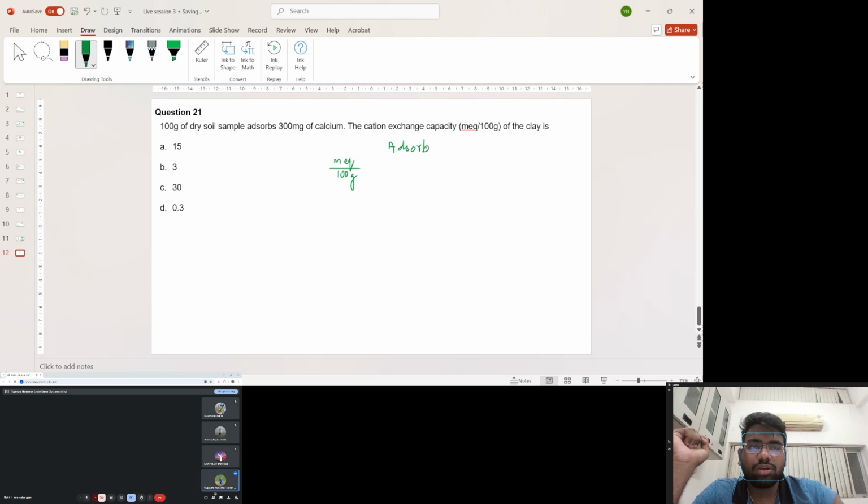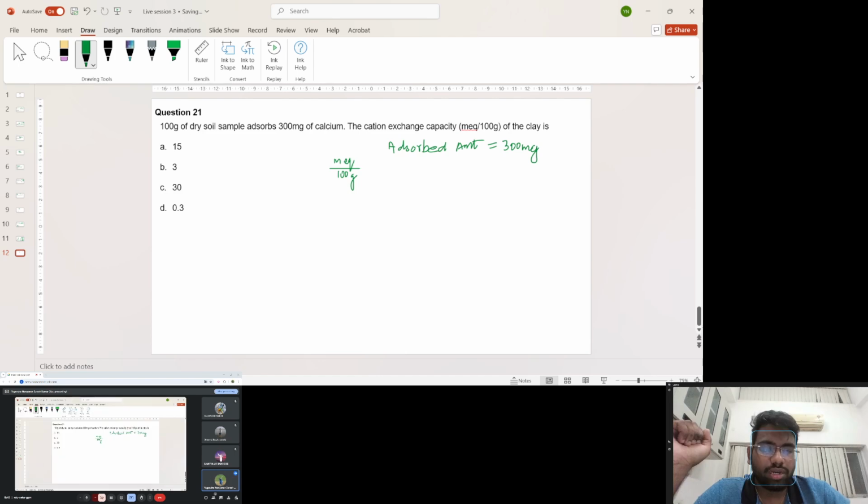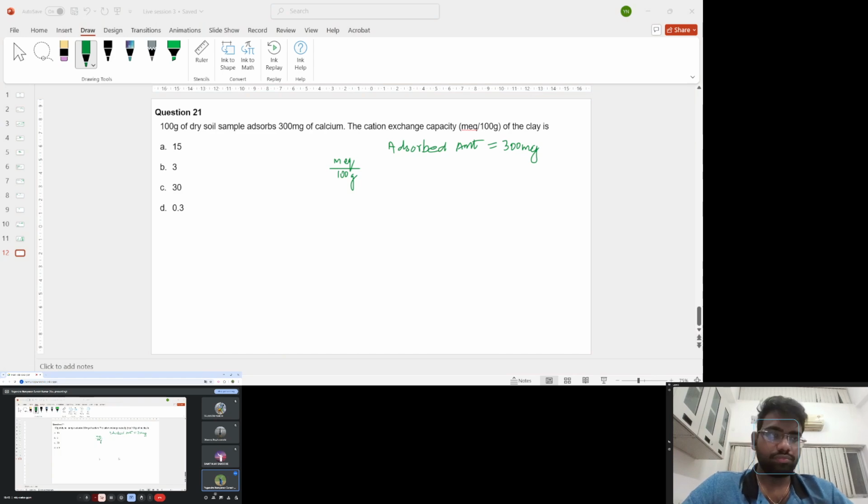How much is the adsorbed amount? This 300 milligrams, right? Now how will you represent the calcium ion? What is the valency of calcium? Please respond. I think Ca2 positive. This is calcium plus 2.